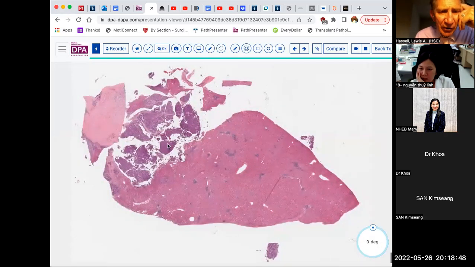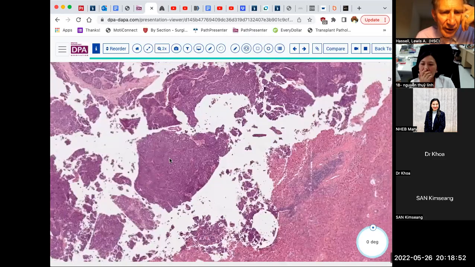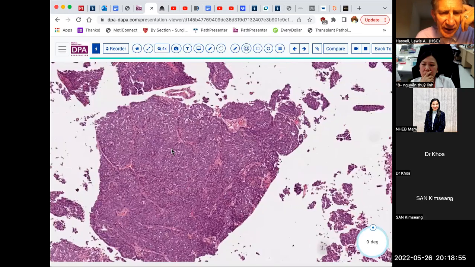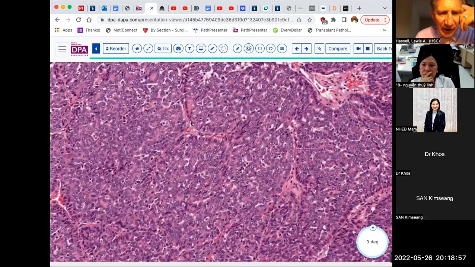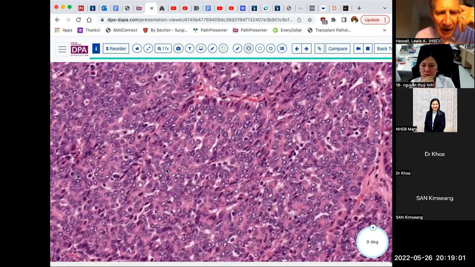Here's another one similar to our first case, where we have a solid blue component here, nested, fairly eosinophilic cytoplasm, sheet-like pattern of growth.